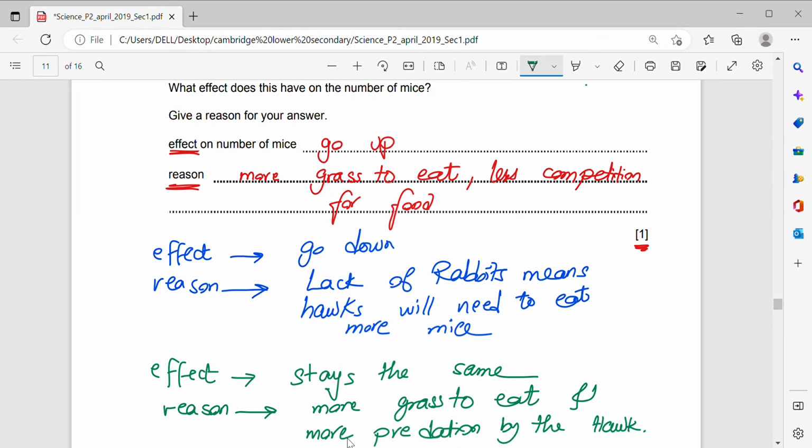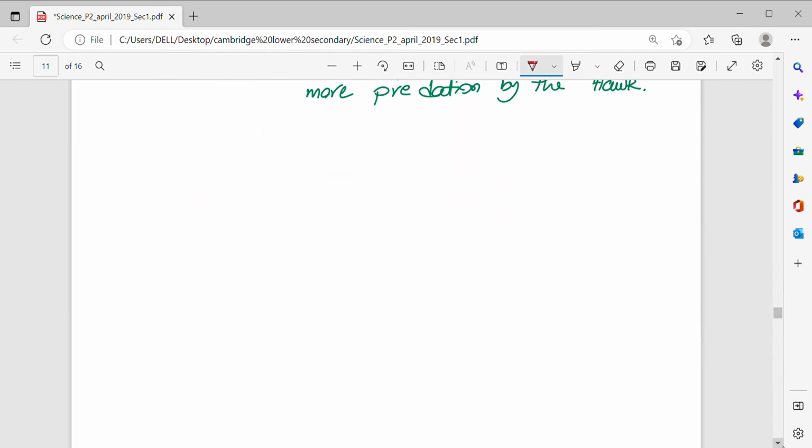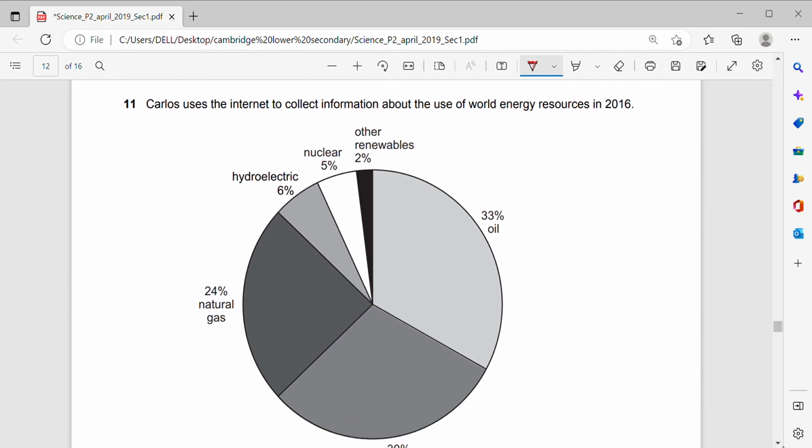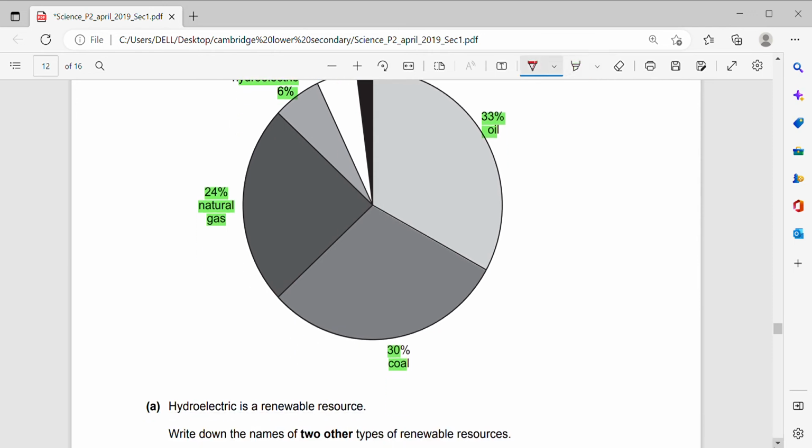Okay. Next question. Carlos uses the internet to collect information about the use of world energy resources in 2016. I have energy resources: natural gas, hydroelectric, nuclear, other renewable resources, oil, and also coal. This is in 2016.